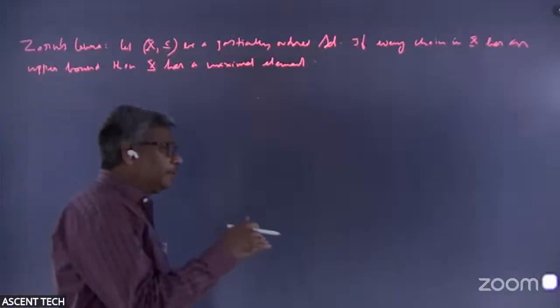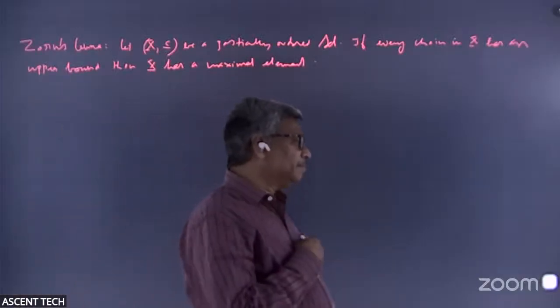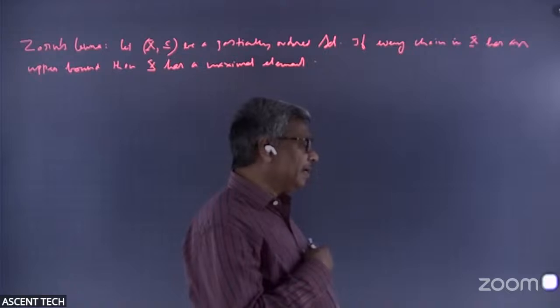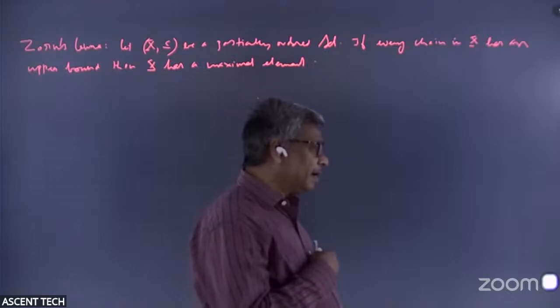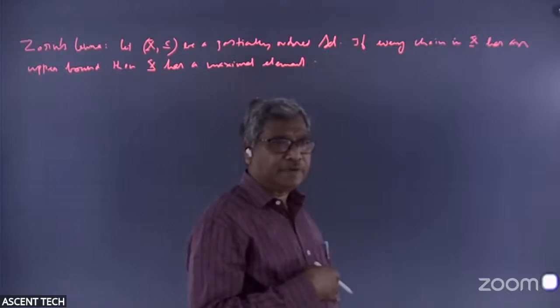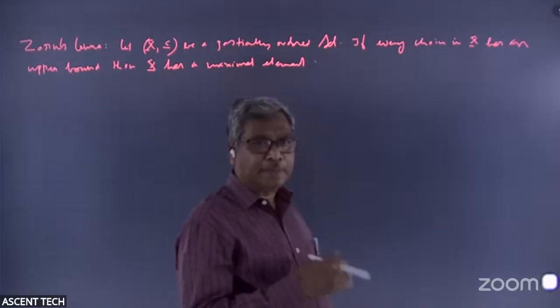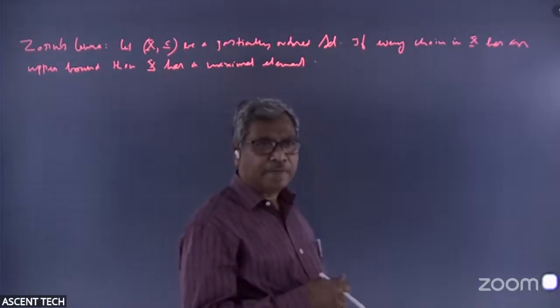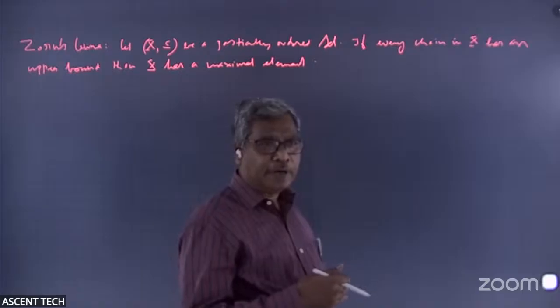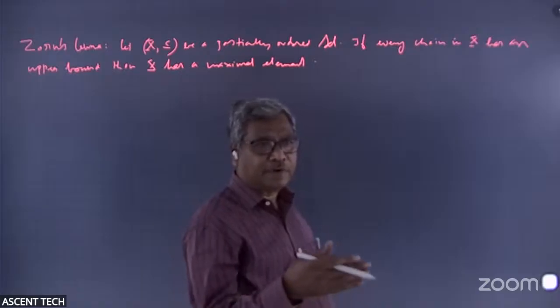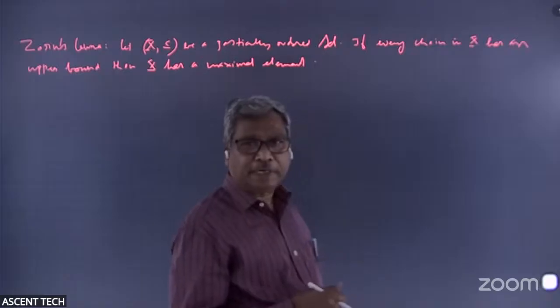Also, a set is said to be well ordered if every non-empty subset of it has a least element. For example, in the natural numbers, whatever subset you take, you have a least element in that.